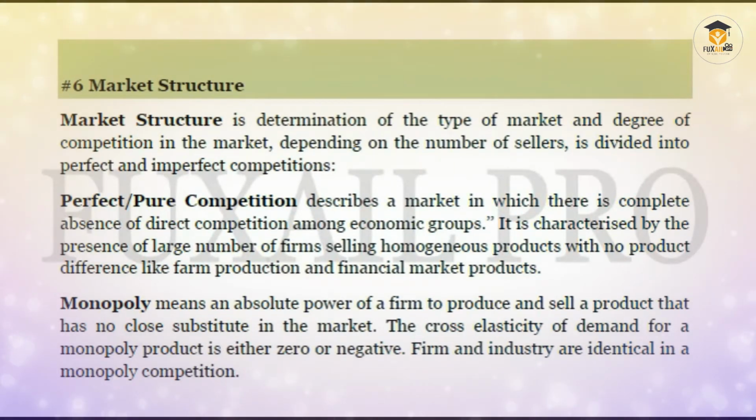It is characterized by the presence of large number of firms selling homogeneous products with no product difference, like farm production and financial market products. Monopoly means an absolute power of a firm to produce and sell a product that has no close substitute in the market. The cross-elasticity of demand for a monopoly product is either zero or negative. Firm and industry are identical in a monopoly competition.